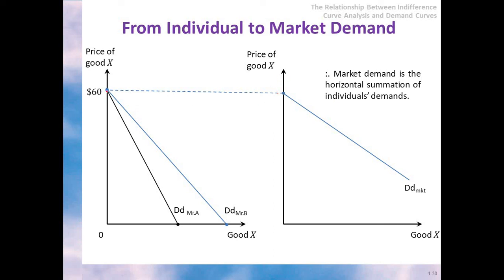Let us look at this illustration. This is the price of good X at 60. Nobody buys at this price, so the demand in the market is 0. Let's say the price becomes 40 here, and we have two consumers, Mr. A and Mr. B. At this price of 40, Mr. A purchases 10, but at a similar price, Mr. B purchases 20.